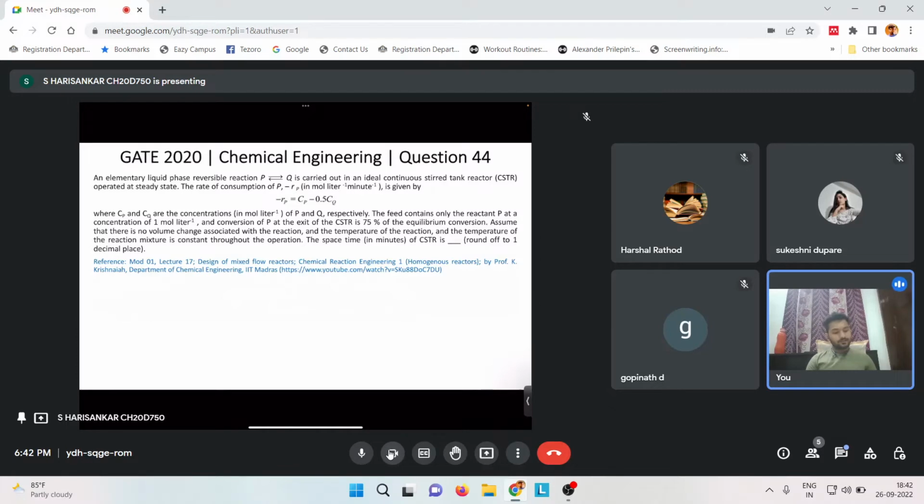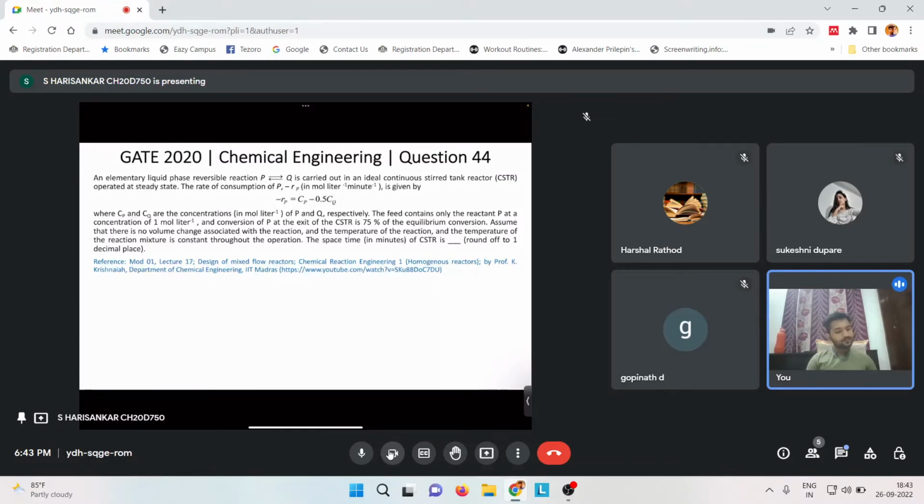The rate of consumption of P, which is given as rate of P or minus Rp in mole per liter per minute, is given by minus Rp is equal to Cp minus 0.5 Cq, where Cp and Cq are the concentrations in mole per liter of P and Q respectively.